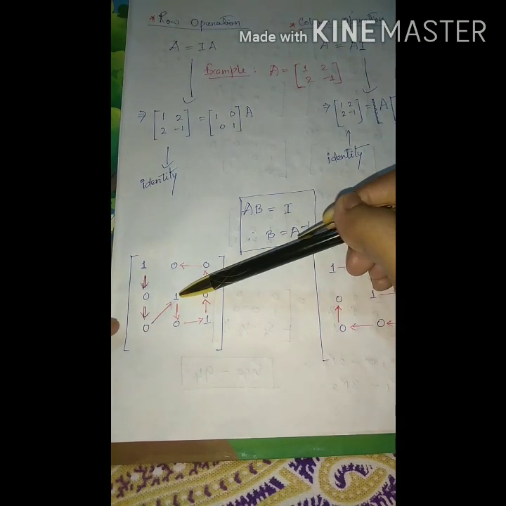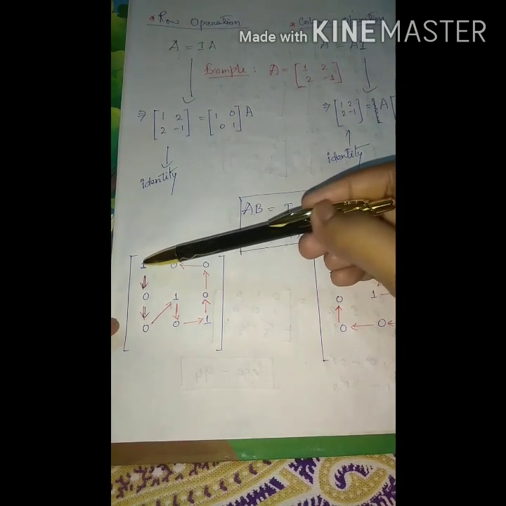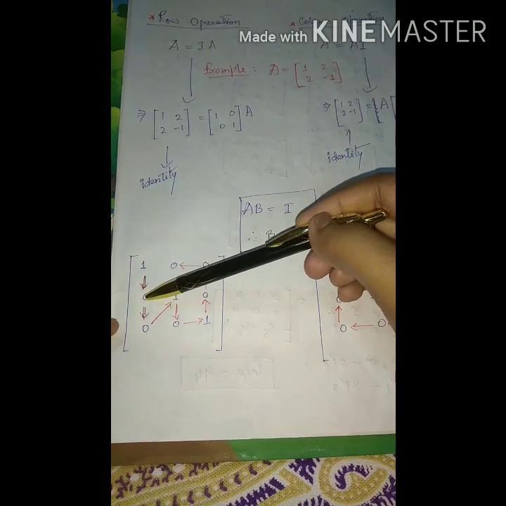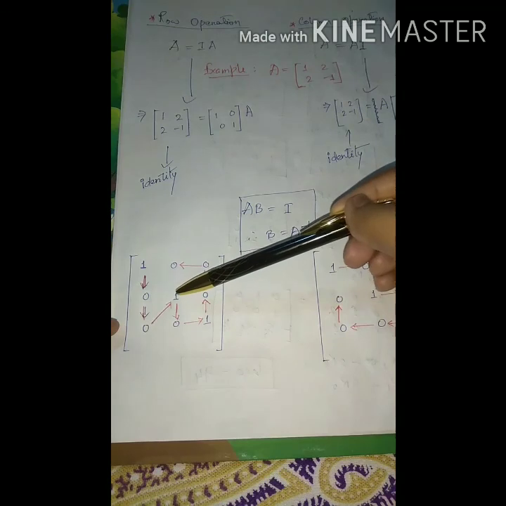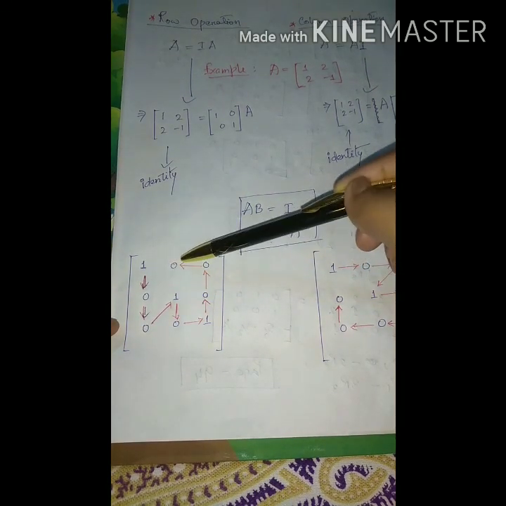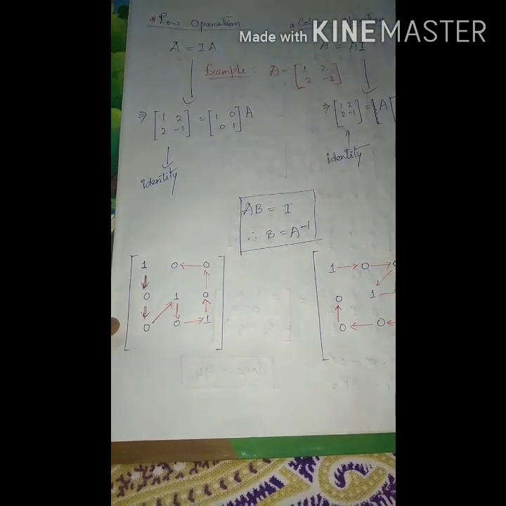You just see the chain here: 1, 0, 0, then 0, 1, 0, 0. Now how can we apply this in the next question? You know this one. Is it clear?